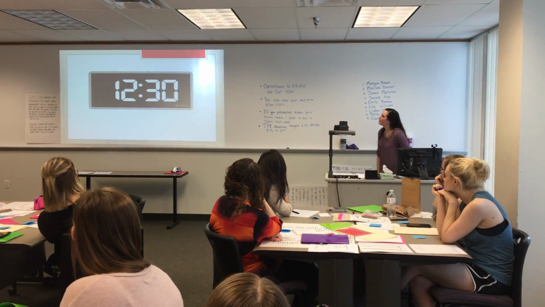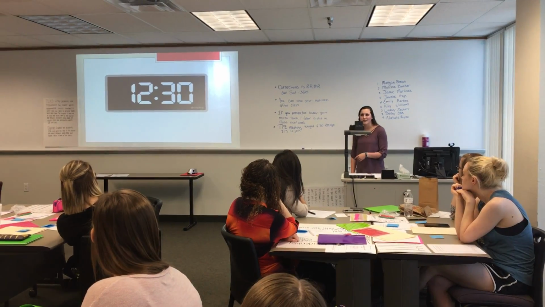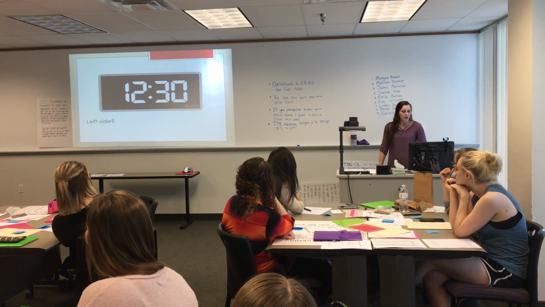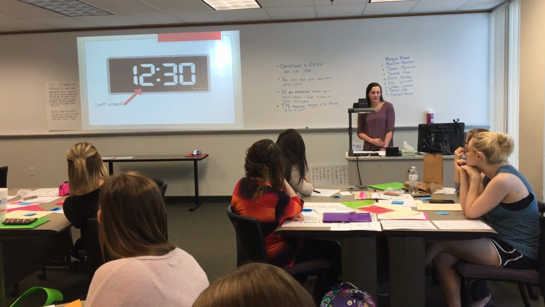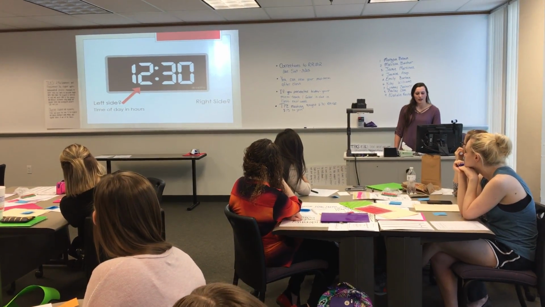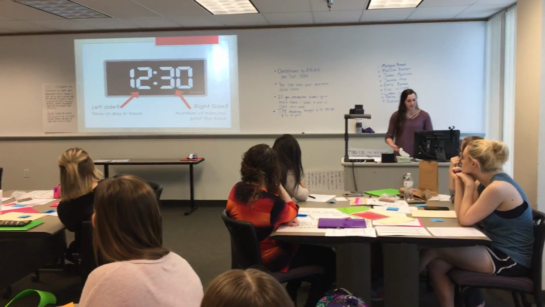So now when we're looking at this clock, there's a colon in the middle, and that's what the two dots are, and that's what I'm going to refer to it as we're going over the time. So on the left side, what does that tell you? The hours. Exactly. And on the right side, what does that tell you? The minutes. Exactly.